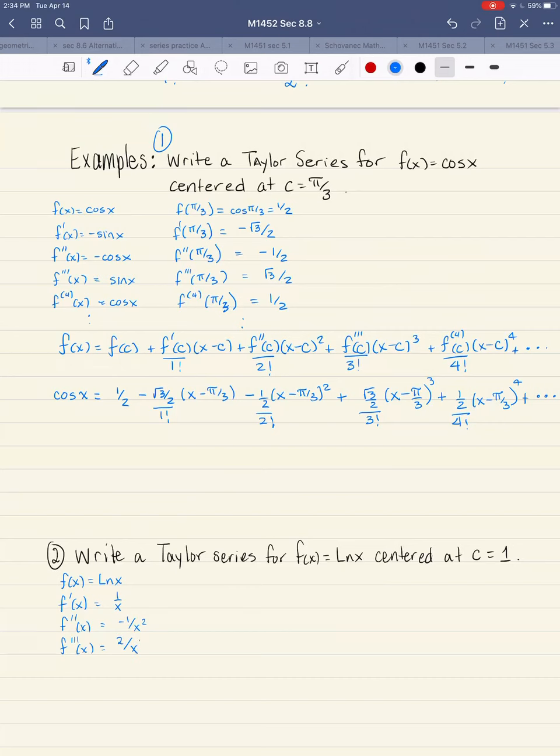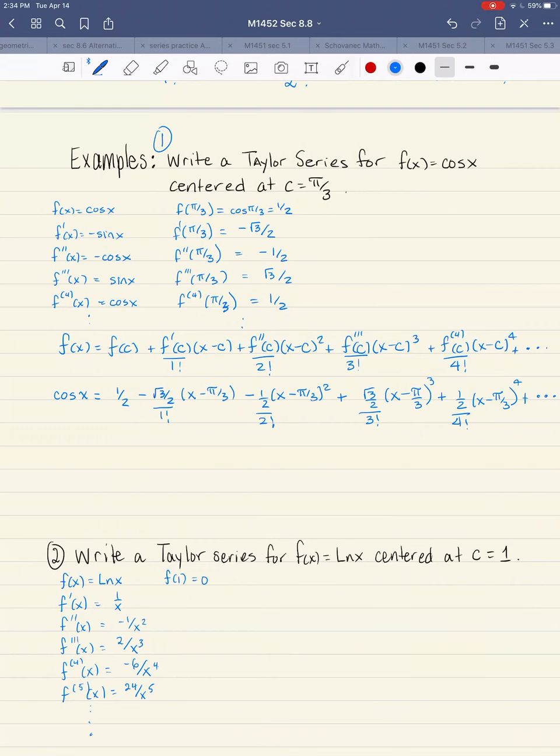The third derivative is going to be 2 over x cubed. The fourth derivative looks like negative 6 over x to the fourth. I've got room for a few more. The fifth derivative would be 24 over x to the fifth, and so on.